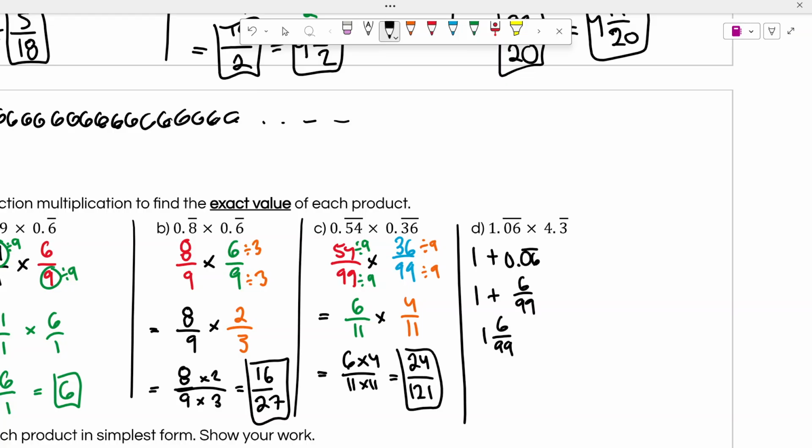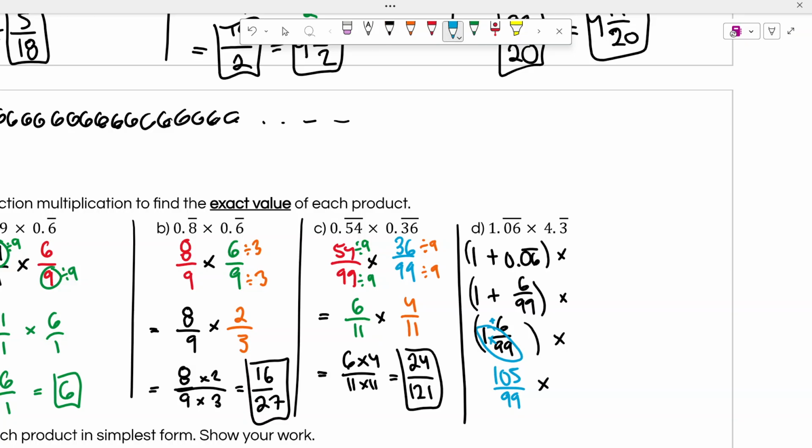And we could, of course, convert that to an improper fraction, or we should convert that to an improper fraction. And 1 times 99 is 99, plus 6 is 105 over 99. And we want to multiply that by our other number here.